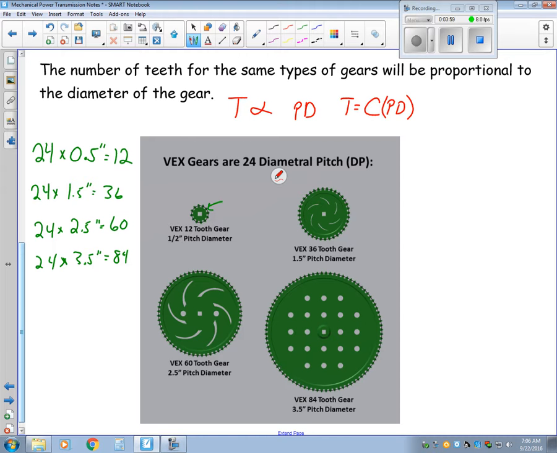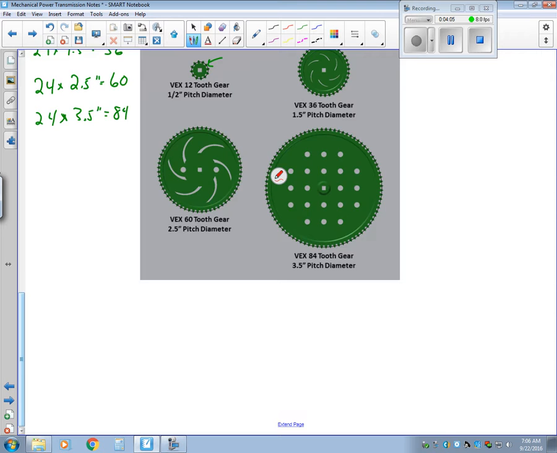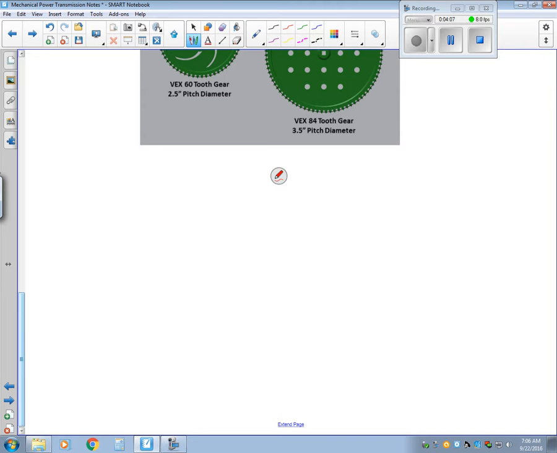All right. So then, let's think of an example here. Let's say that we're using a 3D printer, and what we want is a gear that has 96 teeth. 84 is not big enough. What diameter should that gear have?